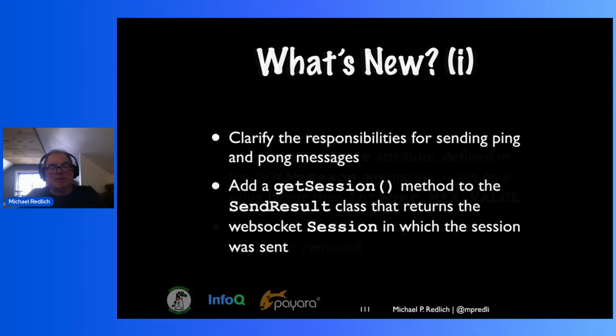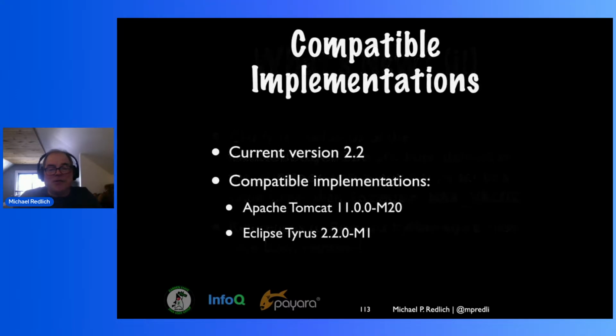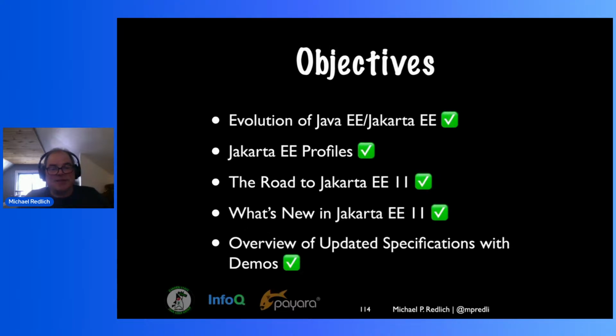And there's a clarification on the max message size attribute. The value cannot be larger than Integer.MAX_VALUE. And again, security manager. 2.2 is the latest, and you have Tomcat and then Eclipse Tyrus that are compatible implementations. That's that.